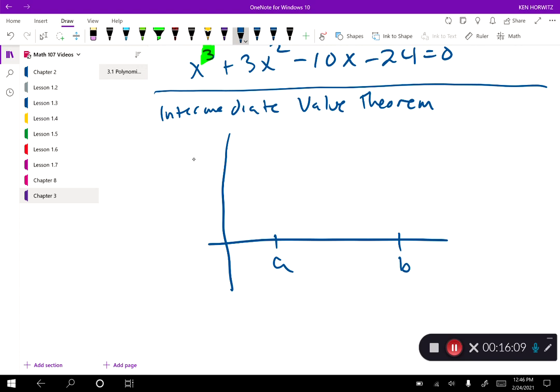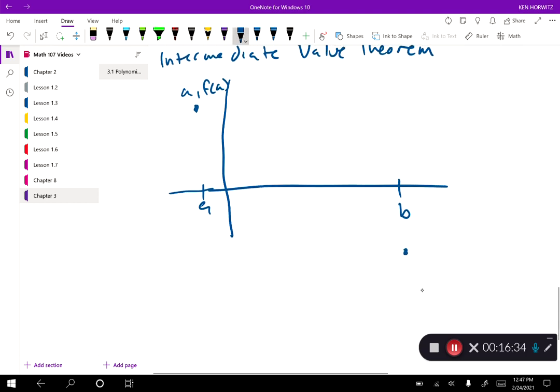So, for example, if up here I have f of a, and down here is, actually, you know what? I'll do this a little bit better. And over here is, hang on, b, f of b.